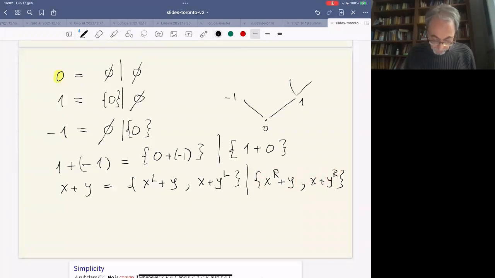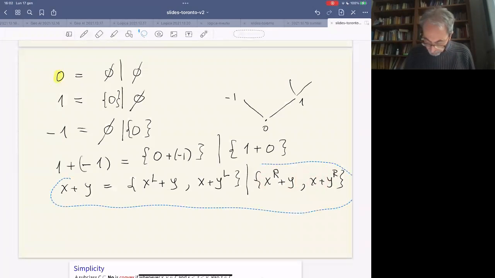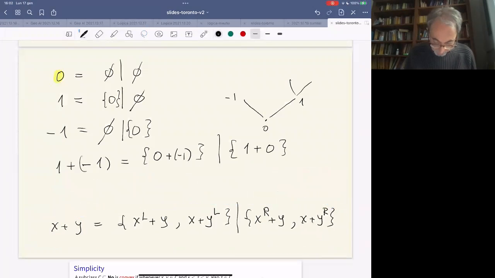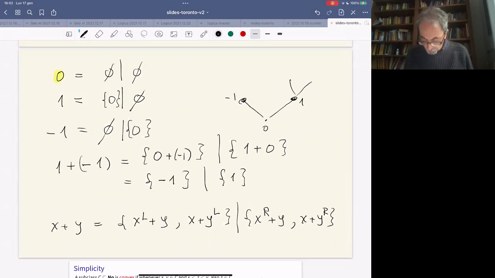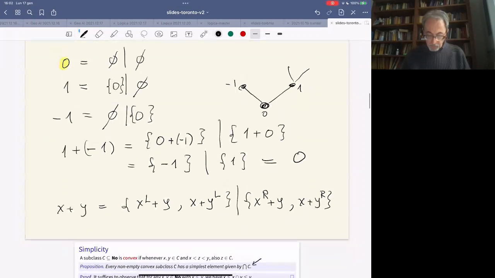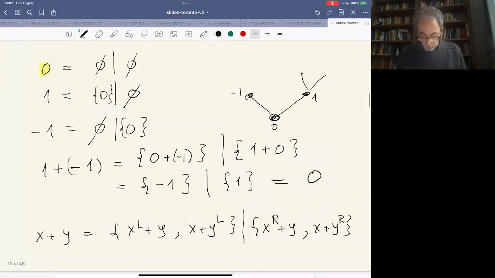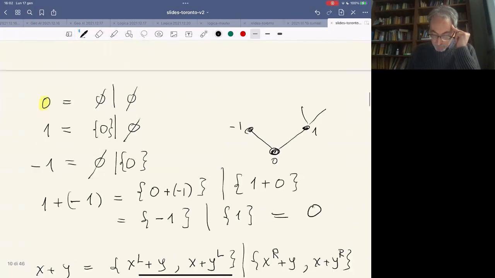Okay, then an additional exercise shows that 0 plus minus 1 is just minus 1, 1 plus 0 is just 1, and the simplest element between 1 and minus 1 is indeed 0. This one is the simplest element between minus 1 and 1. Okay, so you can just make some computations, and it works and gives you the correct labels.